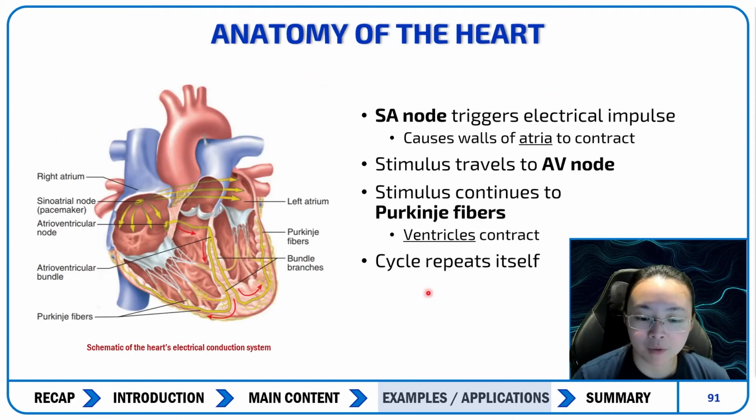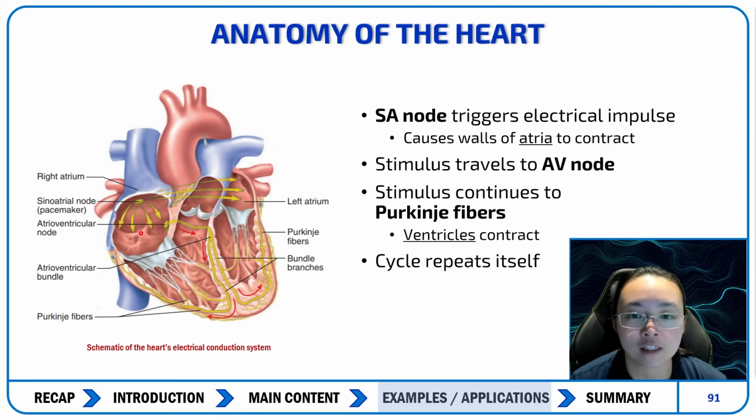Before we even talk about an EKG or ECG, let's take a look at the anatomy of the heart and see how an electrical signal is generated. So first, let's take a look at the SA node, or the sinoatrial node. What it's going to do is it's going to trigger an electrical impulse down here where the arrows are. It's going to cause the walls of the atria to contract.